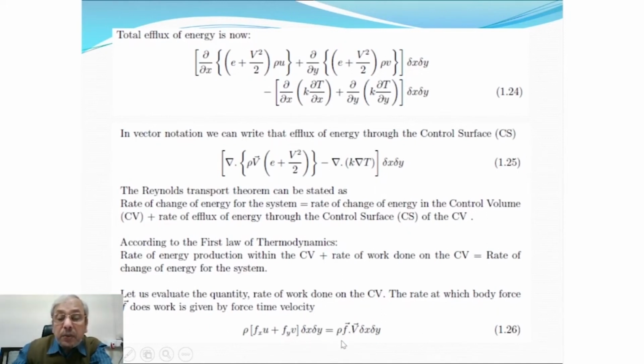So we can write rho F vector, which is I Fx plus J Fy, dot V, that is also a vector, I into U plus J into V for the two-dimensional case, into del X del Y. This is the rate at which body force does work on the control volume.